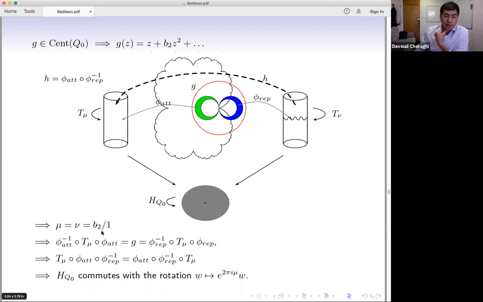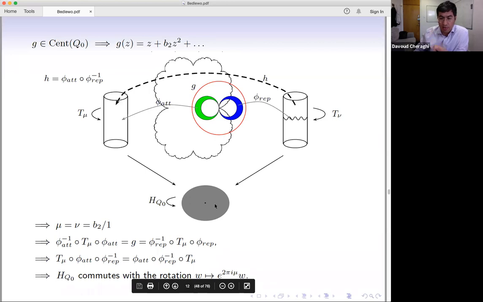And if I combine it with what I knew from the previous slide, that this Horn map only has a single critical value, and if you have a rigid rotation, that must be a rotation by 2 pi i times an integer value. So mu is an integer number.